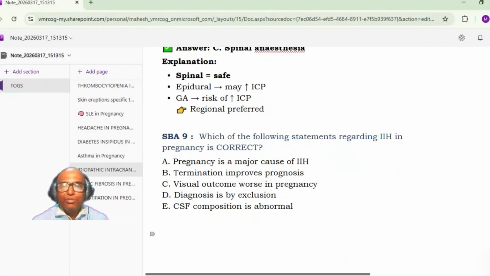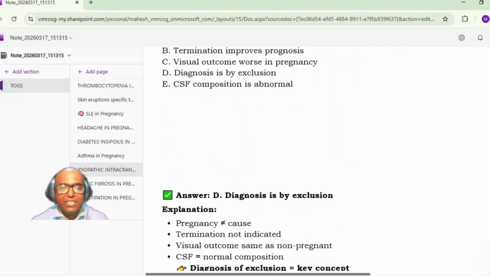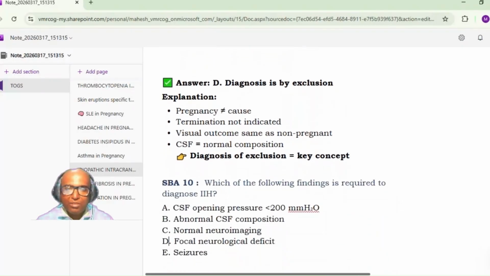The best answer is D, diagnosis by exclusion. So pregnancy is not the cause, termination is not indicated, visual outcome is the same as in non-pregnant women, and CSF composition is normal.